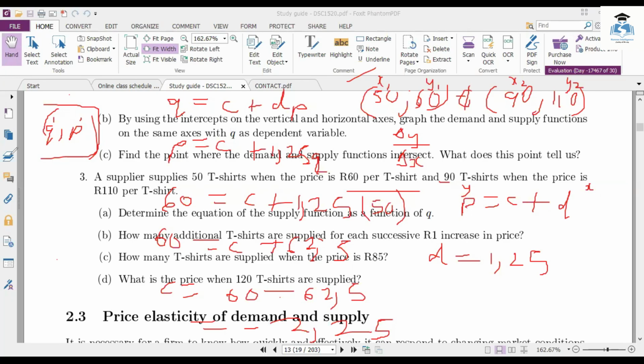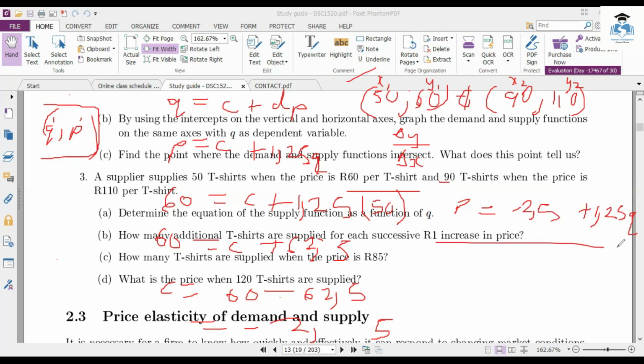So the equation now will become P is equal to minus 2.5 plus 1.25Q.